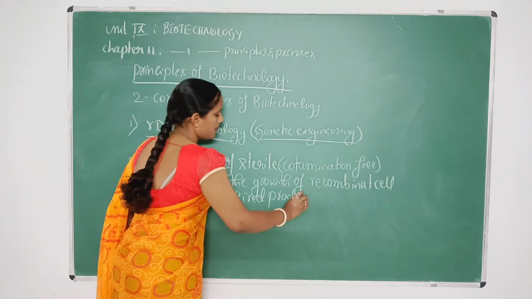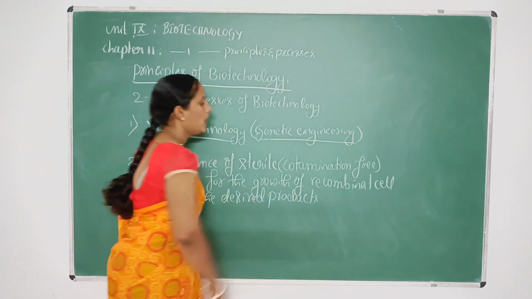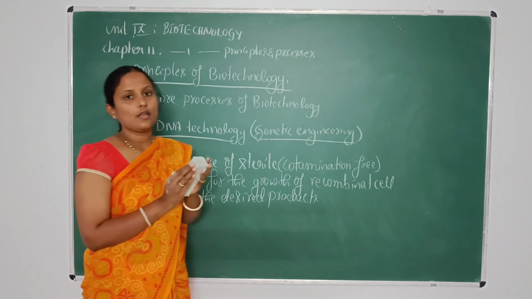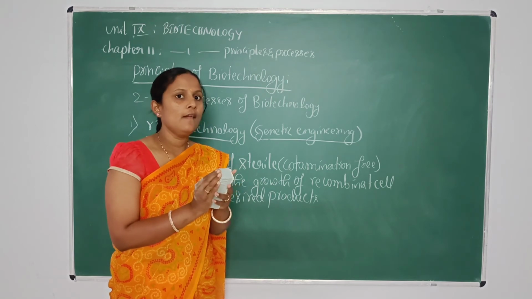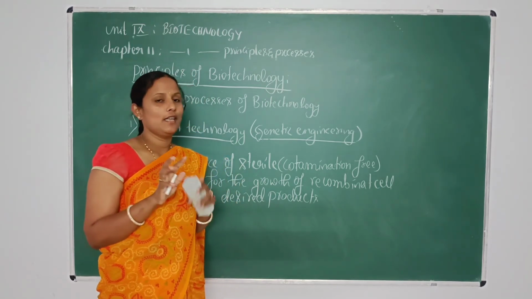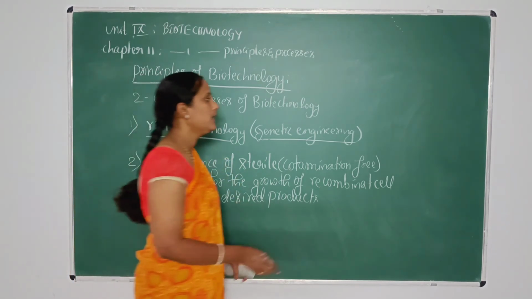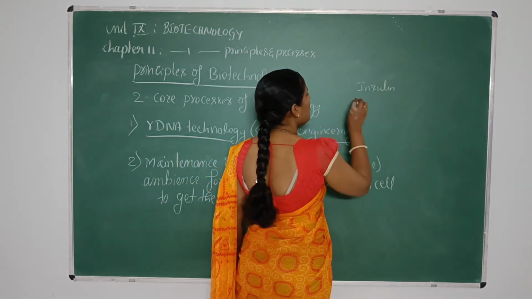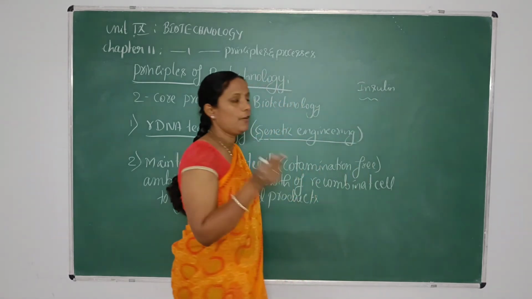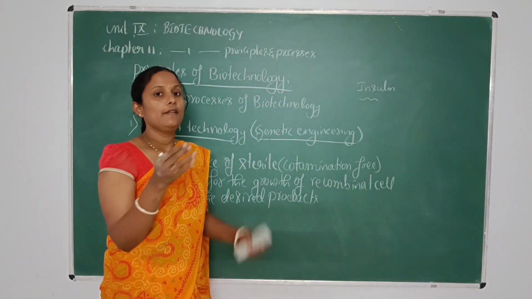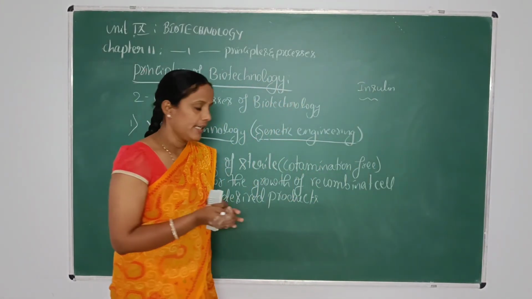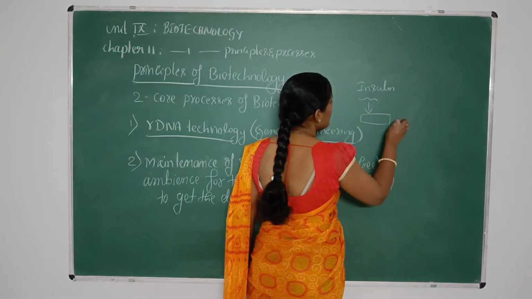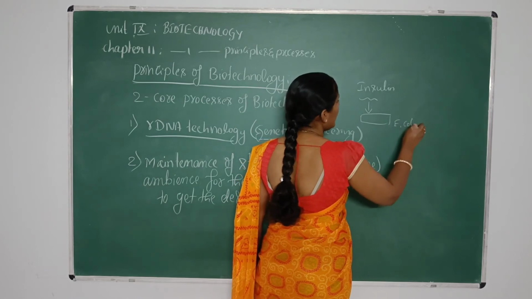That means in recombinant DNA, we may construct a DNA which has a foreign gene. For example, the insulin gene from human beings. From humans, we isolate the DNA which codes for the insulin hormone, and this DNA will be introduced into Escherichia coli bacteria.